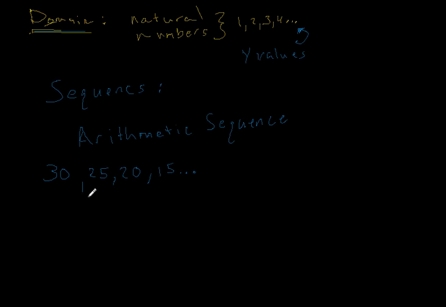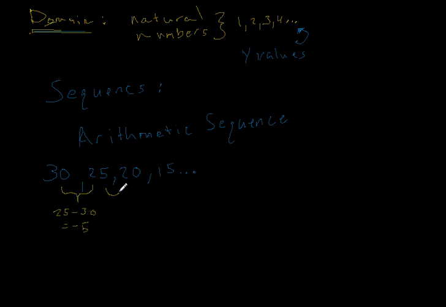So let's see if we have a common difference here. Let's take the difference of 25 and 30. You guys can probably do it in your head pretty quick. 25 minus 30 would equal -5.